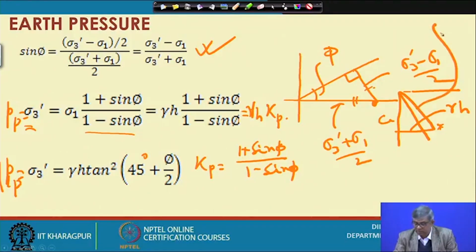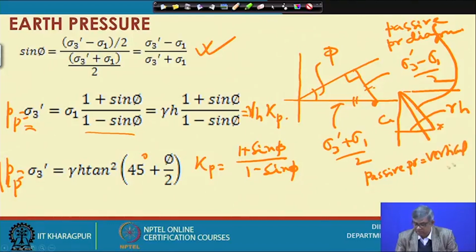This is actually the passive pressure diagram. Okay, and how to get the passive pressure diagram? It will be equal to the vertical stress multiplied by the coefficient of passive earth pressure. So, this is the one.